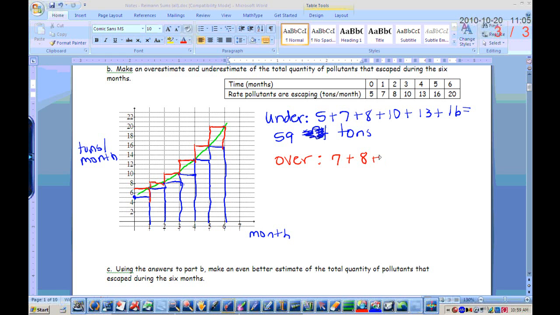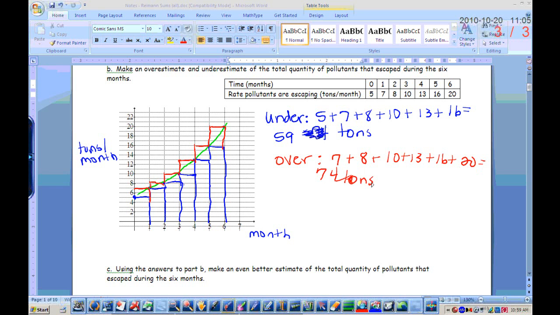So I need to add up 6 months. All right, so I'd be adding 7 plus 8 plus 10 plus 13 plus 16 plus 20. And hopefully that equals 74 tons. Type it into your calculator.